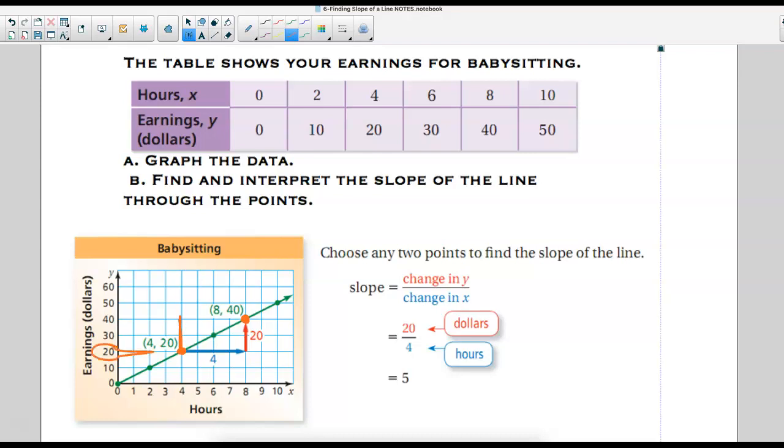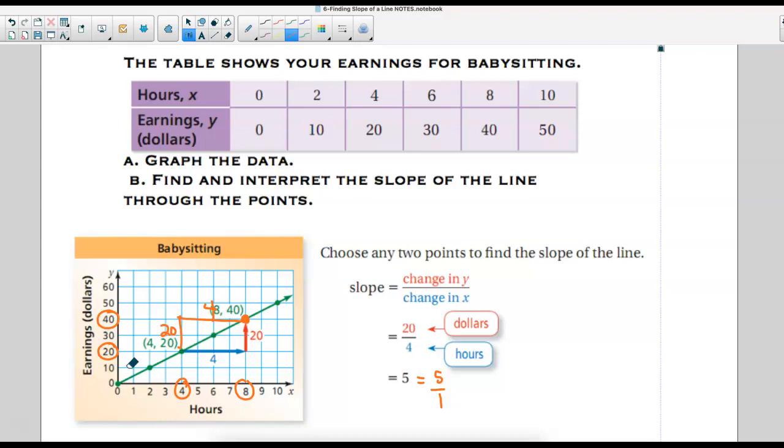I'm starting at 20, and I'm going up to 40. So that means I went up 20. And then over, I'm starting at 4 and going to 8. So 20 over 4. When I simplify 20 over 4, I get 5 or 5 over 1. What does that mean?